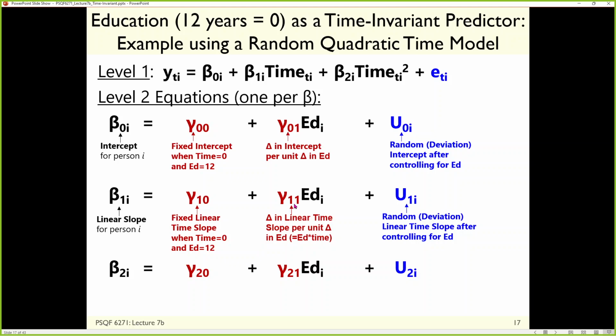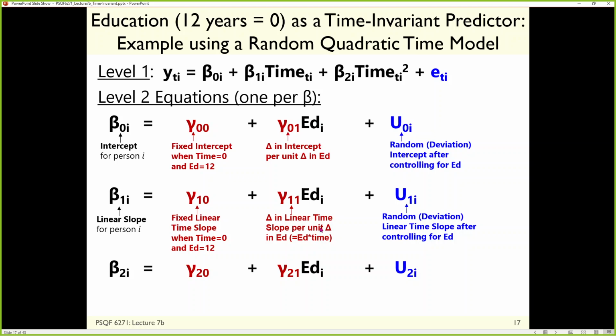So this is an interaction term, right here. It doesn't look like it because it's just sitting all by itself, but if you dump everything back into beta 1 and then take it back up here and multiply it by time, then you distribute it, it's education by time. So education by time says how the linear time slope changes per year of education, specifically.